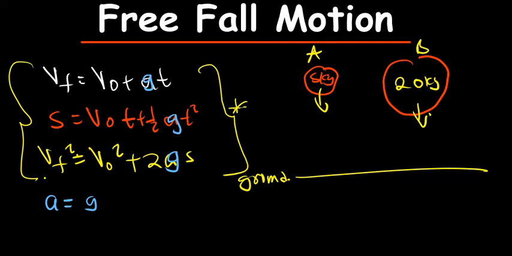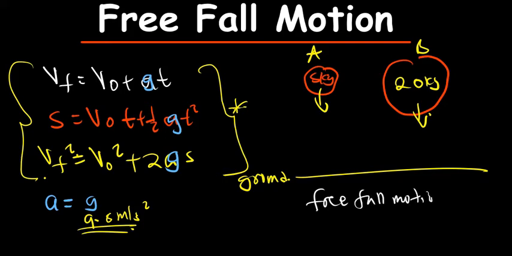Because these two things are both moving with 9.8 meters per second squared, they are both under the influence of gravity. So they are going to reach the ground at exactly the same time. From this explanation, we can conclude that free fall motion does not depend on mass.